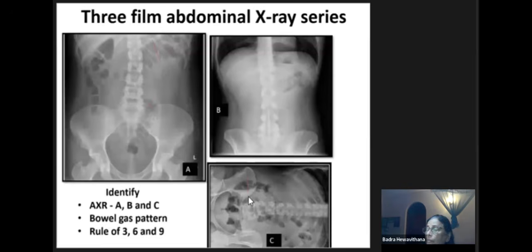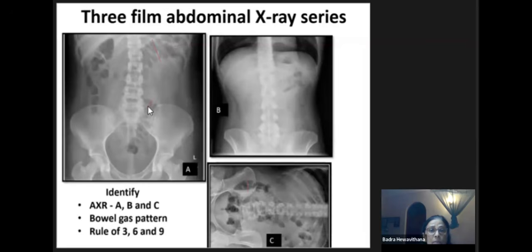So when you think of the abdominal X-rays for acute abdomen, you know this 3-film abdominal X-ray series. You don't do all 3 at the same time, but I suppose you can identify this X-ray as the supine film abdominal X-ray, it's A. And you see the normal bowel gas pattern distribution, and normally the rule of thumb is 3, 6, 9.